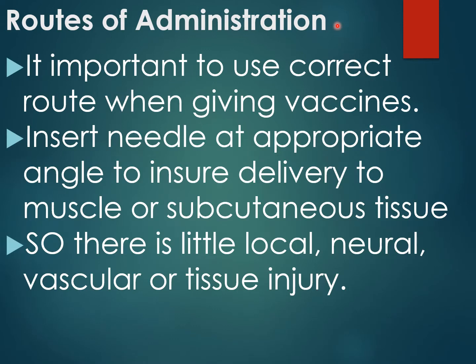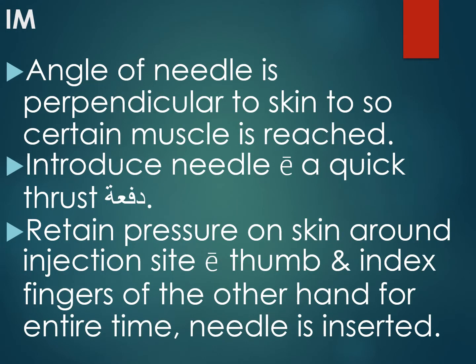Routes of administration. It is important to use the correct route when giving vaccines. Insert the needle at the appropriate angle to ensure delivery to muscle or subcutaneous tissue, so there is little local neural, vascular, or tissue injury. Intramuscular: the angle of the needle is perpendicular to the skin so that the muscle is reached. Introduce the needle with a quick thrust.